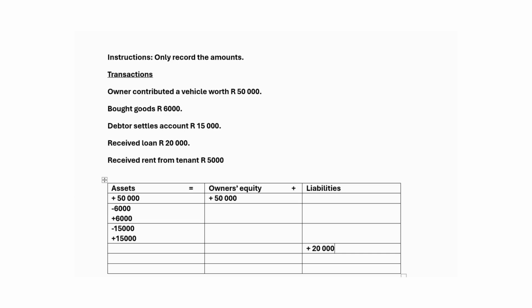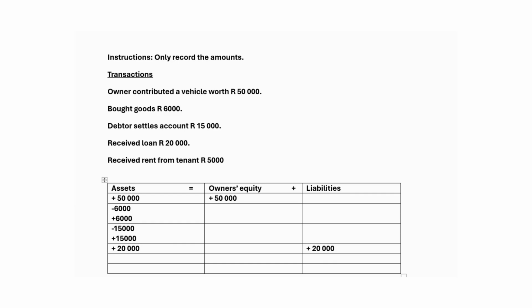So your liabilities will increase by 20,000, and your bank will also increase by 20,000 because you receive the money in your bank account.